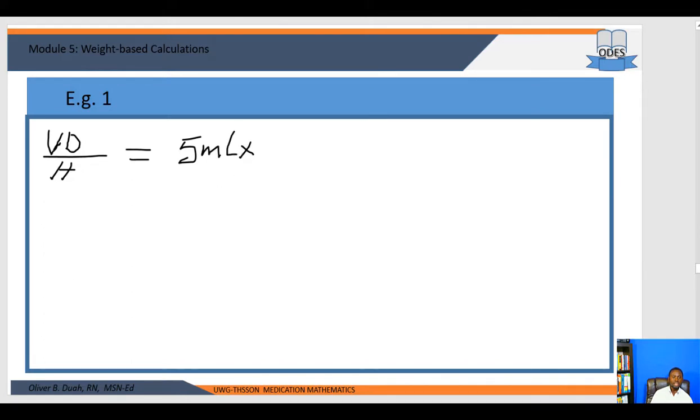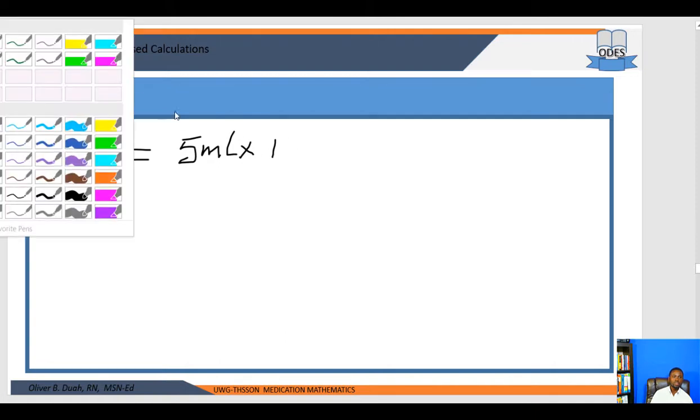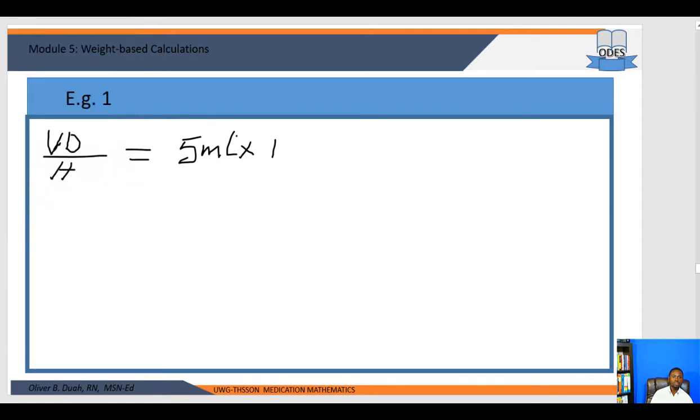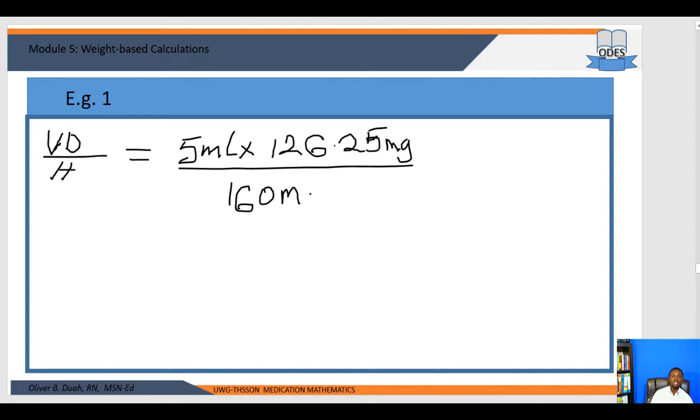What we desire as we calculated is 126.25, and then we have 160 milligrams.